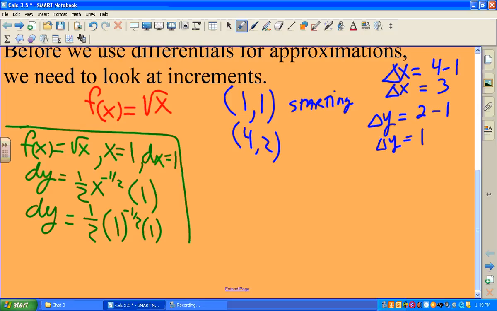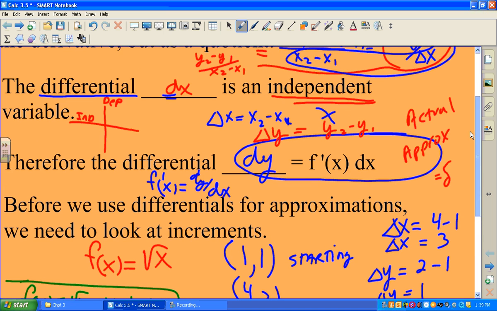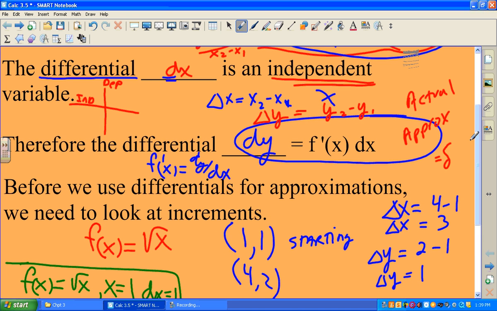Why don't we multiply by the change in x? Oh, because the approximate change in y is equal to the derivative times the change in x. And that comes from the fact that the derivative can also be written as a quotient. Oh, you're right, it is.